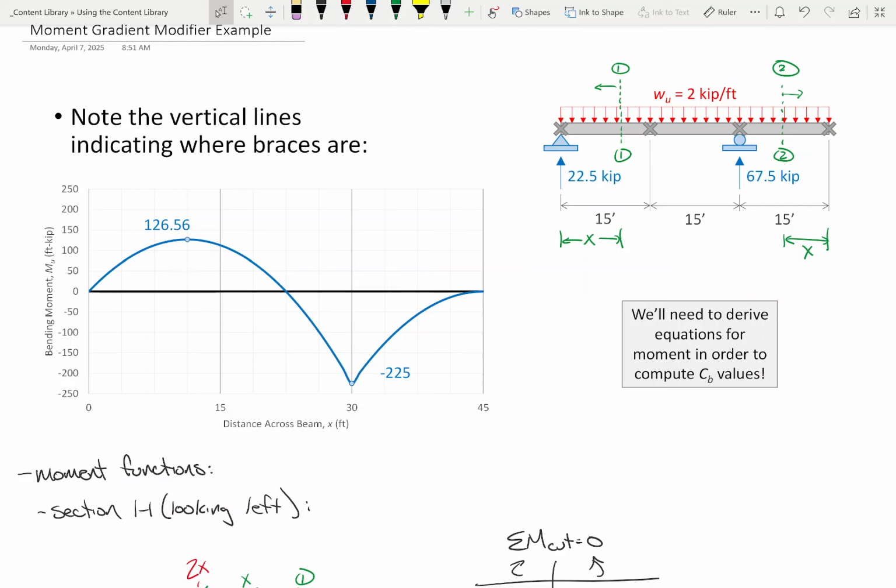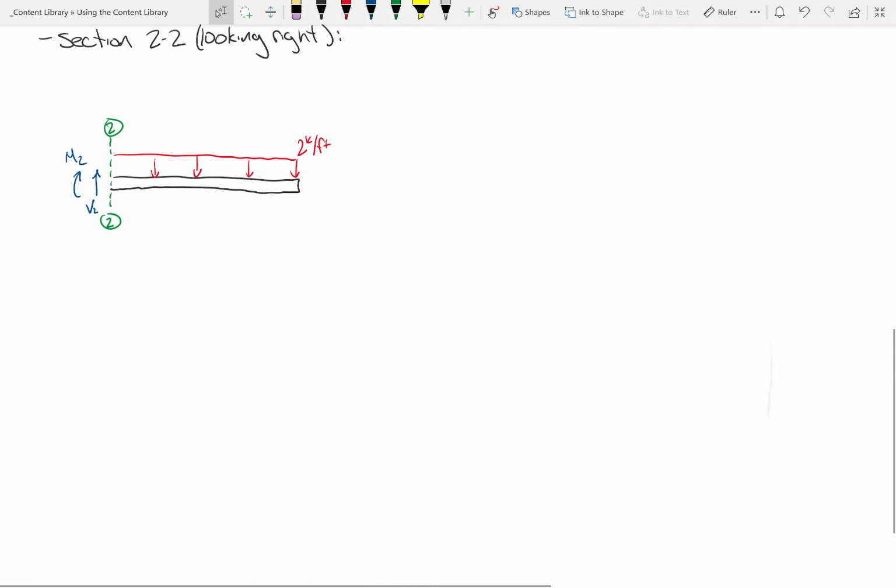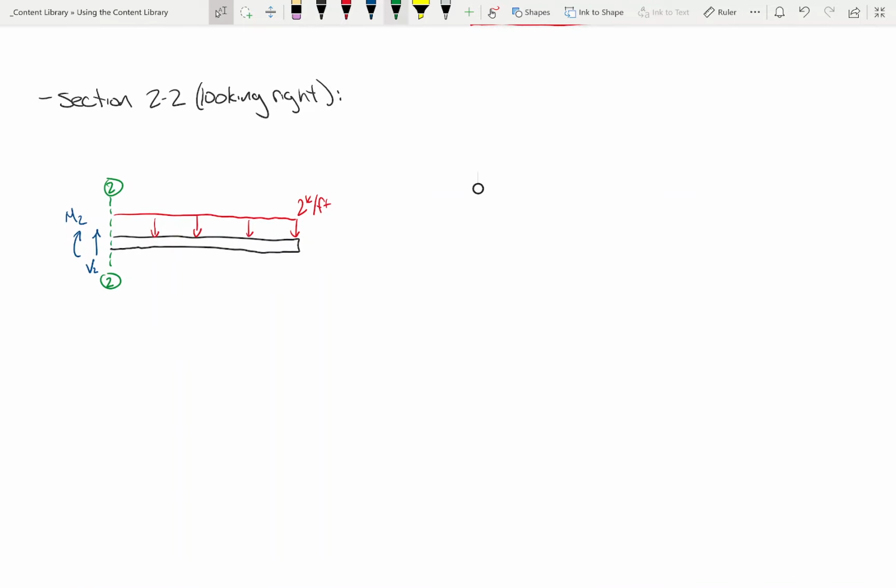So the only thing we see is the beam and the distributed load. We don't see anything else. So this equation is going to be a lot easier because we don't have a reaction to deal with.